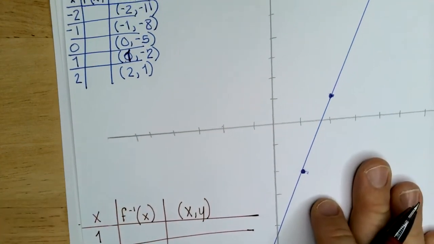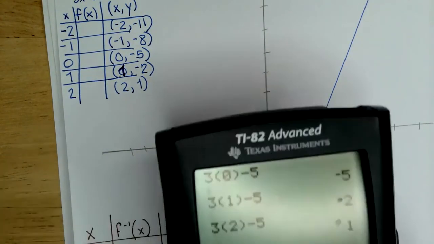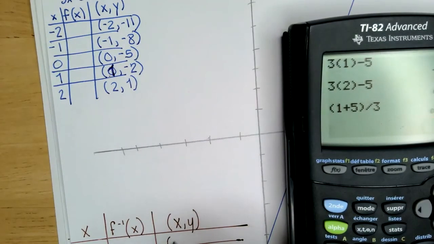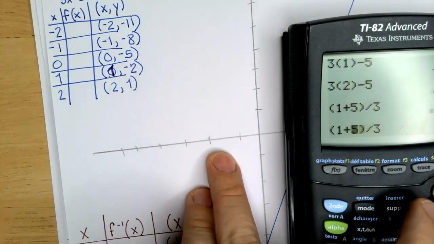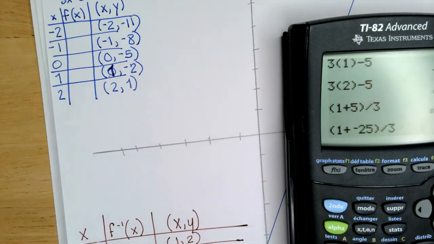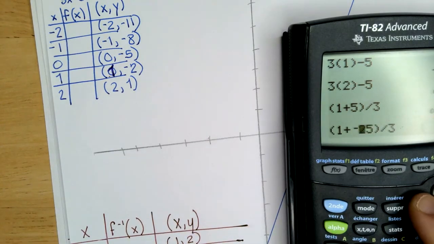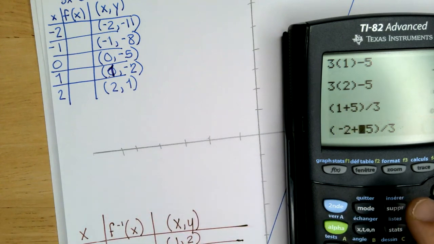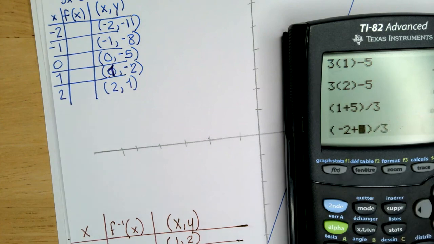So if I put 1 into x plus 5 divided by 3, I get 2. If I put -2, oops, sorry, -2 plus 5, divided by 3, I get 1.